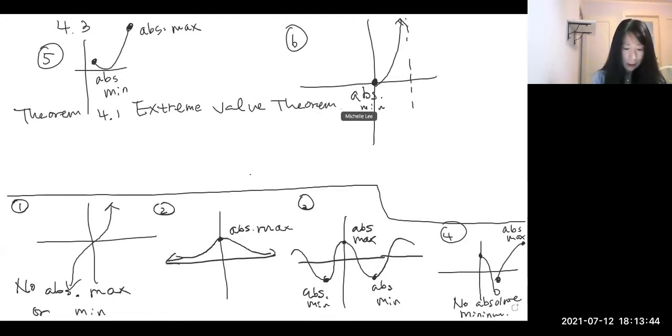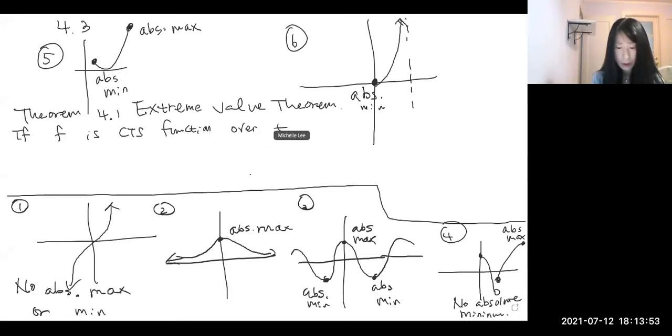They say that if f is a continuous function over the closed interval. Closed means we include the endpoint, right? Let me write it down later.